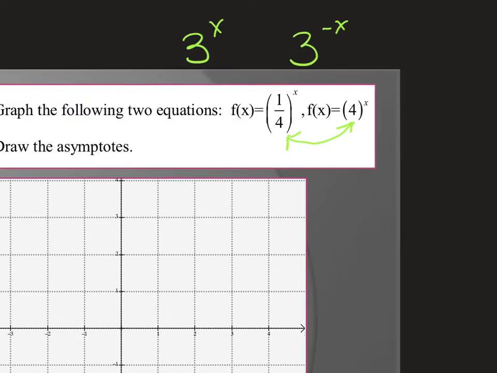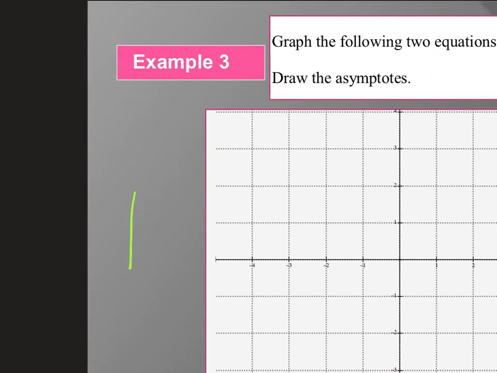So in this case, we would just make an XY chart. -2, -1, 0, 1, and 2. If I have 1/4 to the x power, and I plug this in, if I say 1/4 to the -2, does anybody know what that is? It is 16, good. So 1/4 to the -1, that's going to be 4. 1/4 to the 0 power is 1.